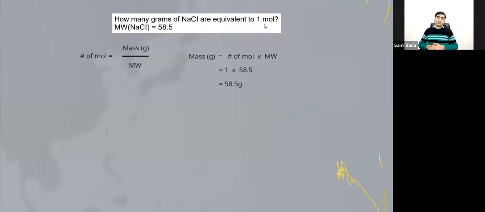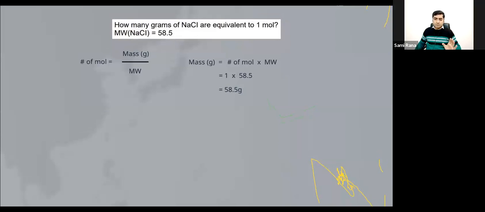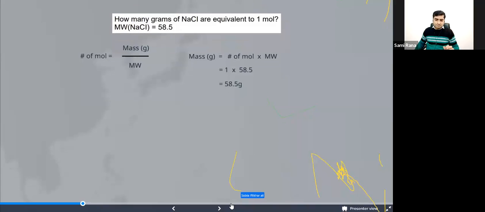Sometimes there are going to be multi-step questions, where in one step you have to find out how many grams there are in 1 mole of anything. So now you know that if there is a figure of 1 mole or 1 millimole, the shortcut is that it contains an equal amount of gram or milligram as the molecular weight. I hope this is clear.